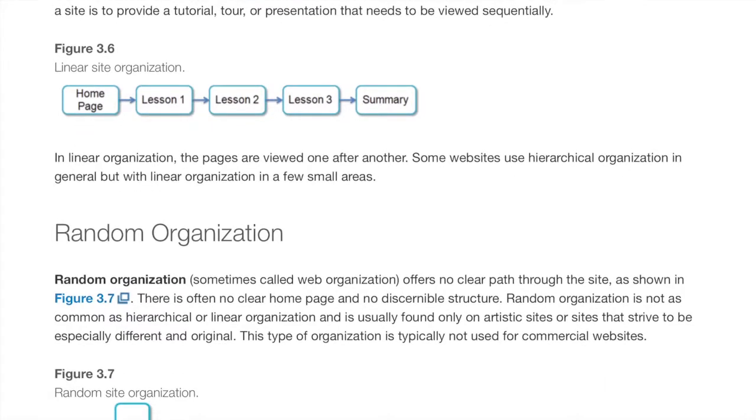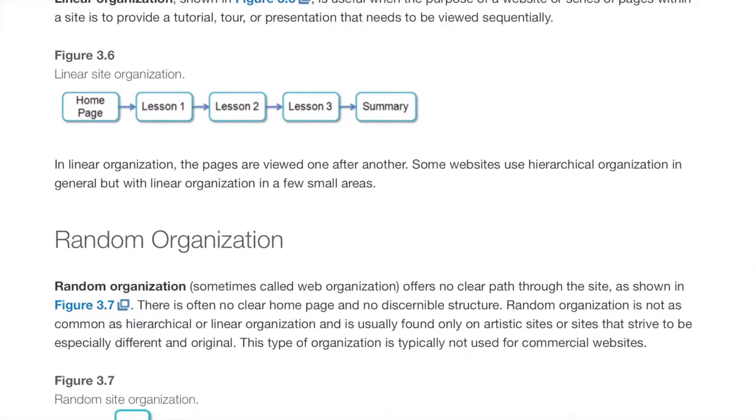Linear is here on page 73, and essentially it says you move from your home page to page to page to page in a straight linear, think of it as essentially a time-based order. That is okay if you are a blog. That is okay in some circumstances. If you have a very, very small web property, this is not a value proposition.